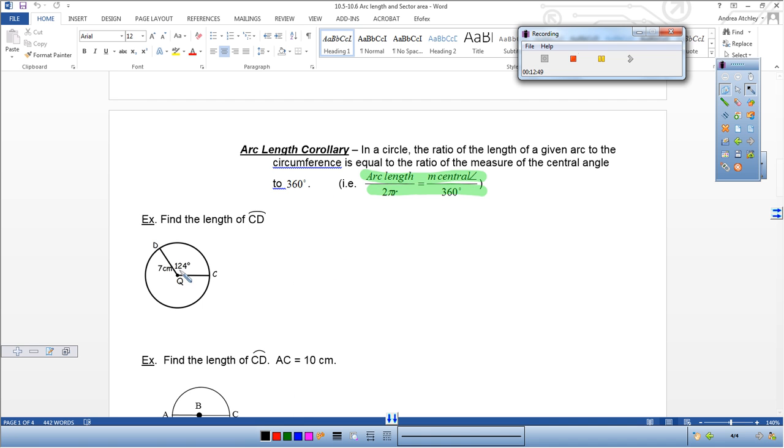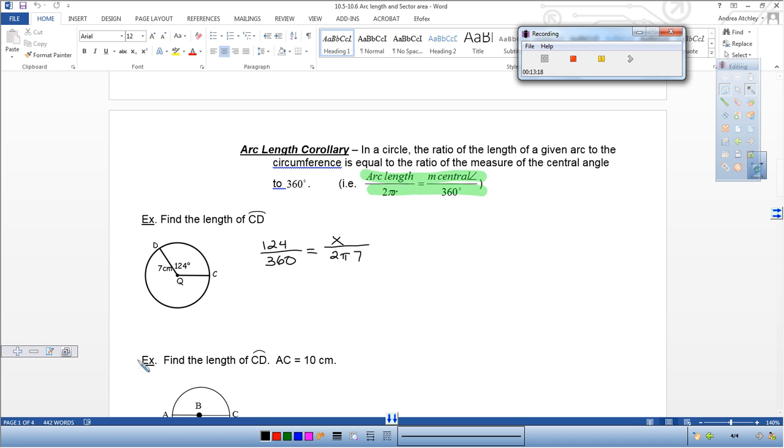So the central angle, in this case, is 124, and there's 360 degrees in a circle. And that should equal the arc length, which I don't know, over the circumference, which would be 2 pi times the radius of 7. And I could do this a couple different ways.